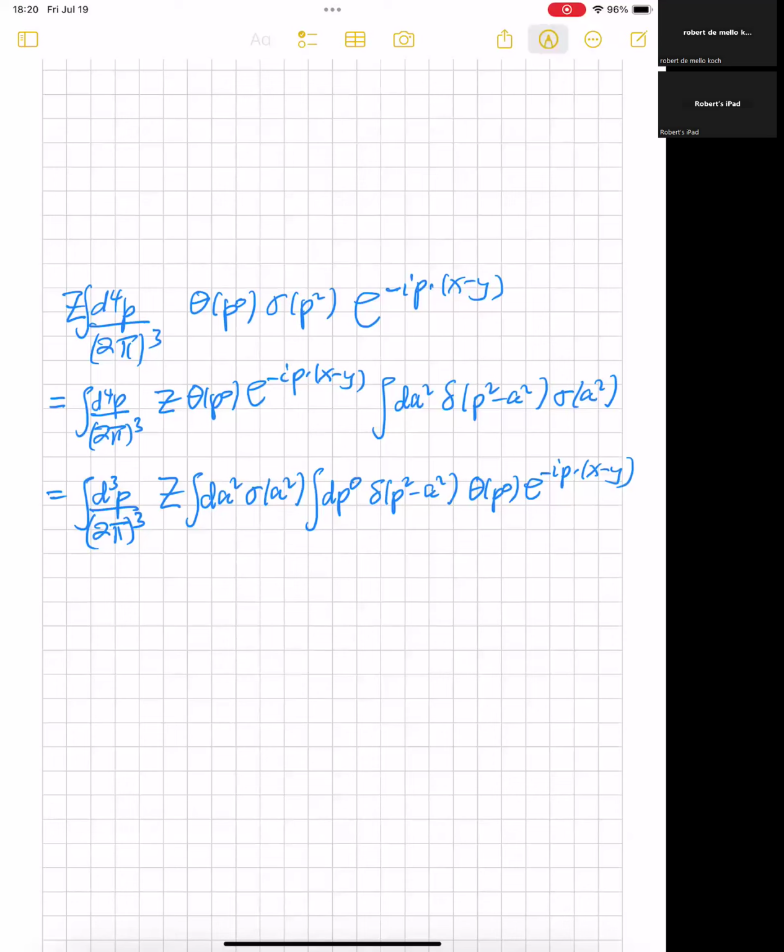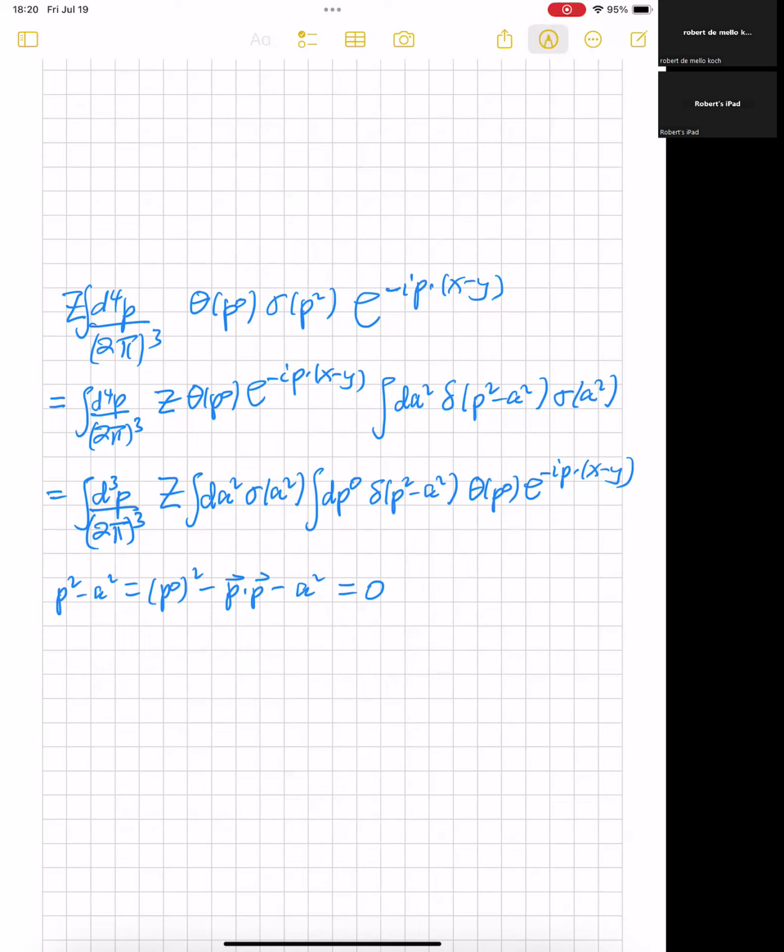Good. So to do the integral over p naught, the first thing that we need to know is where is the delta function satisfied. So writing out what is p squared minus A squared, well, this is going to be p naught squared minus p dot p minus A squared. And remember that this is equal to naught. That's where the delta function gets a contribution.